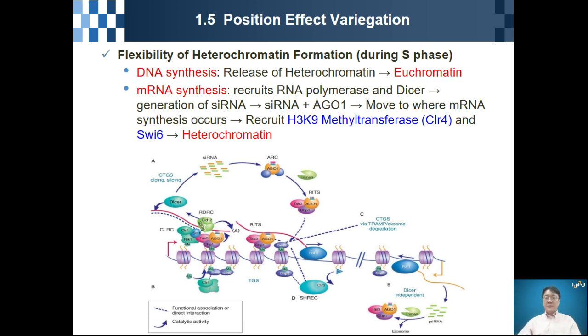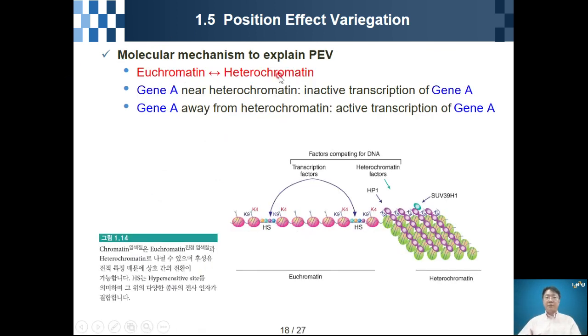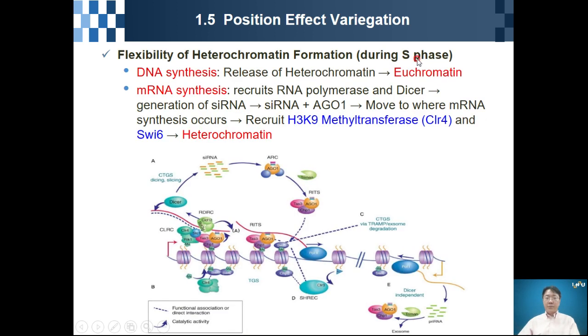Heterochromatin is changed to euchromatin, and euchromatin is changed to heterochromatin, and this phenomenon usually happens during the S phase, because during S phase DNA synthesis happens. So a heterochromatin region can be released and changed to a euchromatin region.